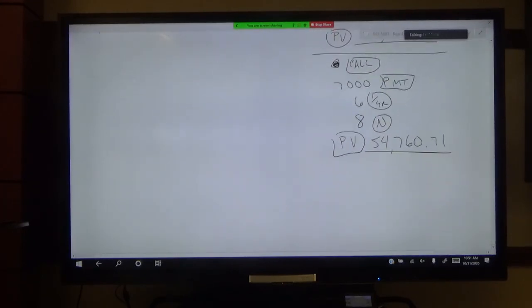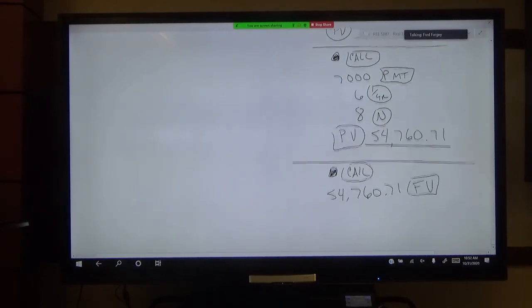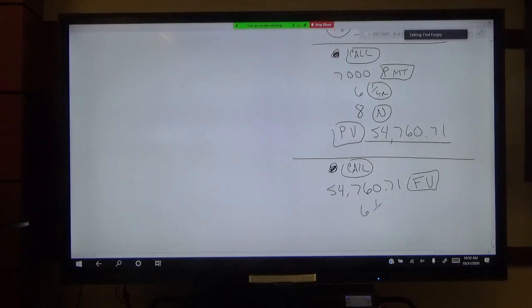Okay. So clear everything out. And then put in the 54,760.71 as our future value at 6%. But we're discounting it back by 4 months.